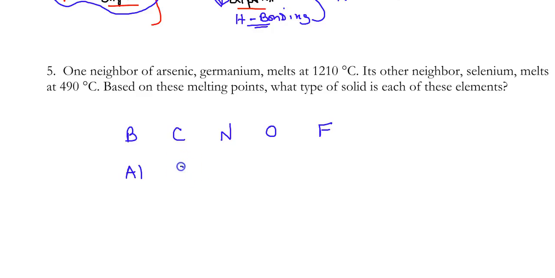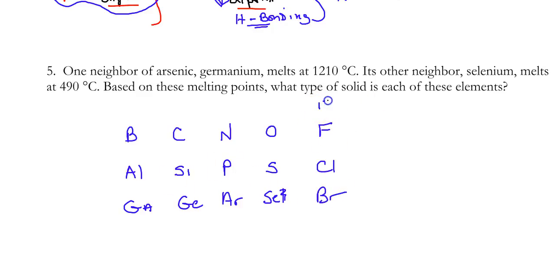We have silicon, phosphorus, sulfur, chlorine. And then, of course, in row 4, we have gallium, germanium, arsenic, and selenium, Se. And then bromine. So this is the halogen, group 17.